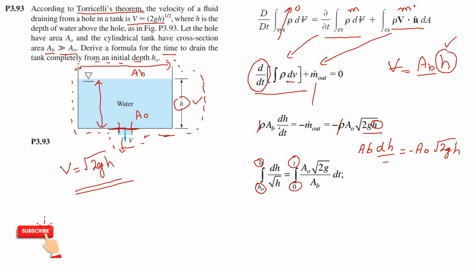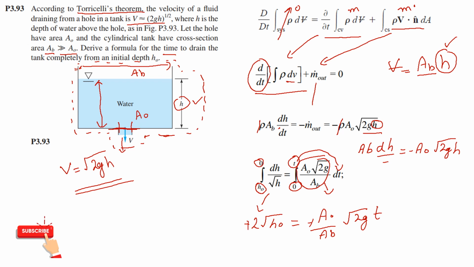So after applying these integrals, what we are going to get from this integral is minus 2 under root h naught, and the other integral will only be applied to this dt. This a naught over ab under root 2g will come out to be a constant, so this will be equated to minus a naught over ab under root 2g and t.